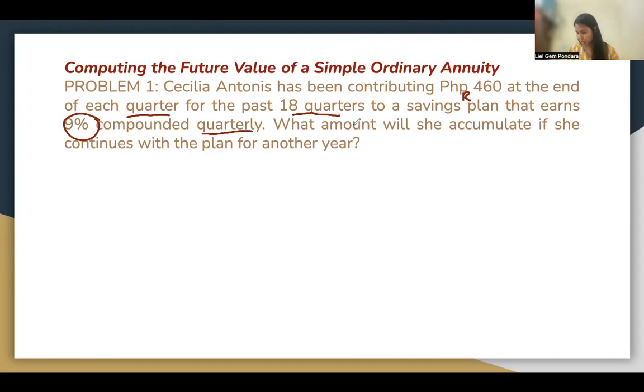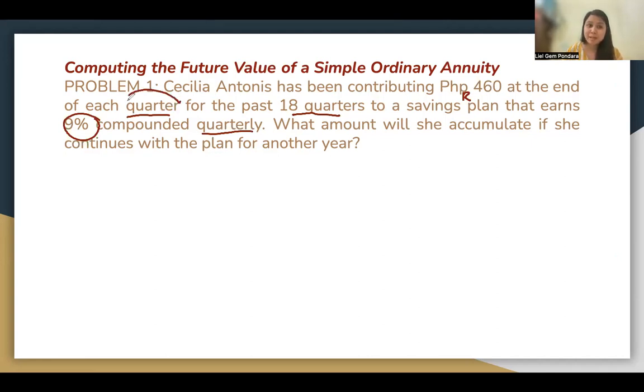Now, here's what you need to remember. You need to check first, because in this lesson, we'll just be talking all about simple ordinary annuities. But in my general mathematics class, I mixed all from simple ordinary annuity, simple annuity due, general ordinary annuity, to general annuity due. So there are 4 types. So you need to check first.